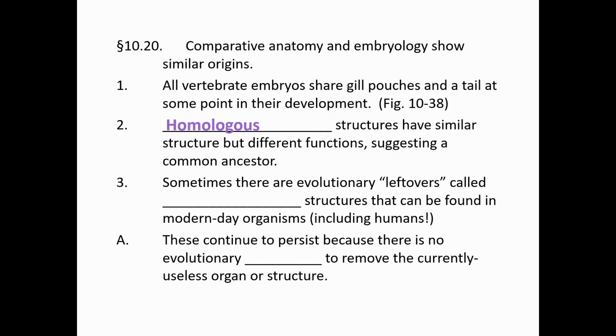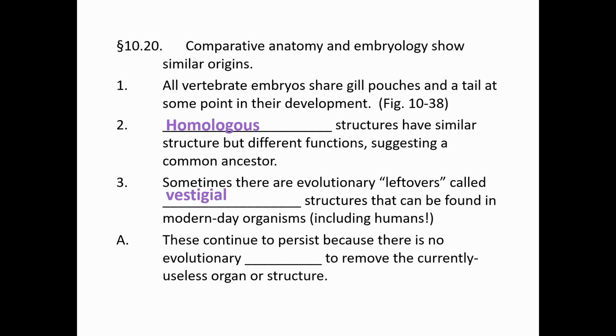There are also sometimes evolutionary leftovers called vestigial structures, and we can find these in modern day organisms, including humans. The most famous vestigial structure is the hip bones found in whales. Whales do not have back legs, and yet they do have rudimentary hips. Snakes are in the same boat, where they also have these rudimentary hips.